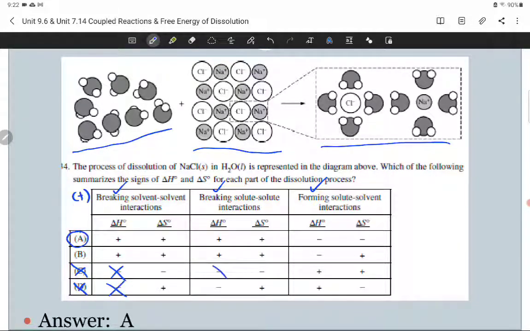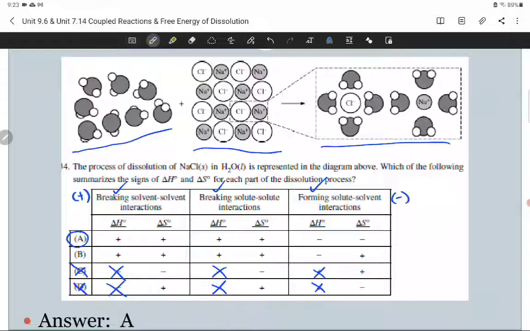Breaking, again, has to be positive, so we didn't eliminate any more answers. And for delta H forming, you have to release energy, and that also didn't get rid of any extra answers. So now we're down to A and B.